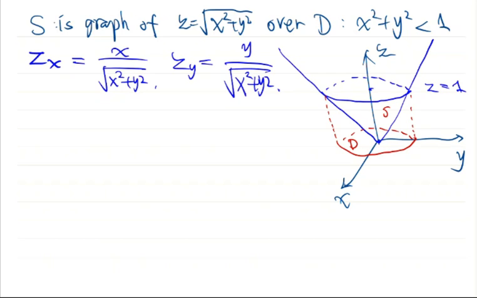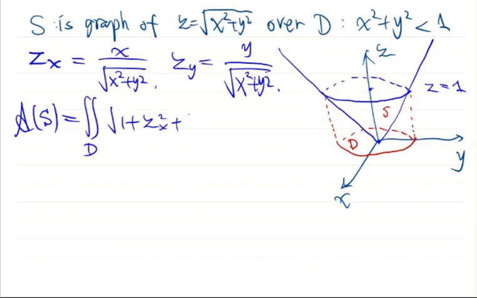Now, the area is the double integral over the domain of definition of the function, that is D. By our formula, the area is this integral.